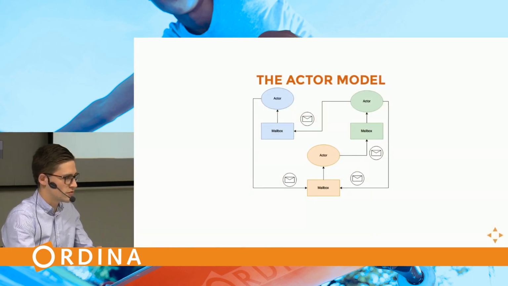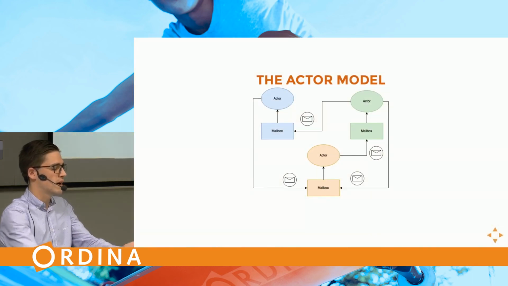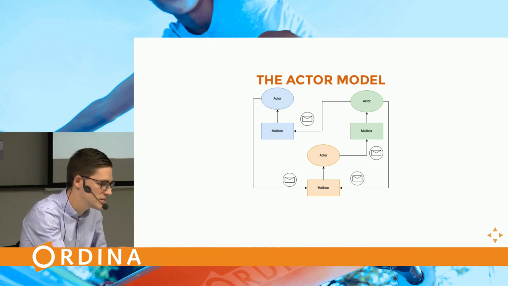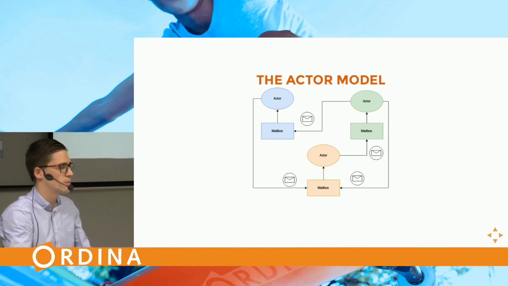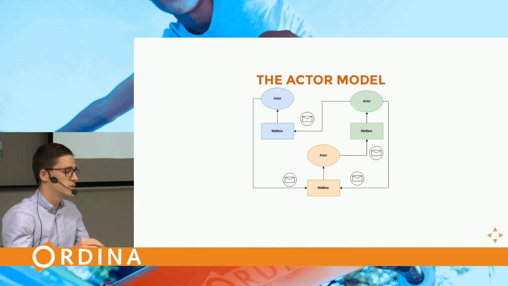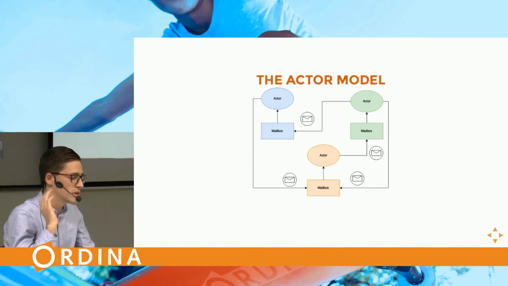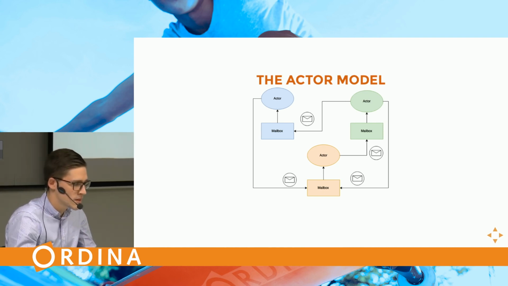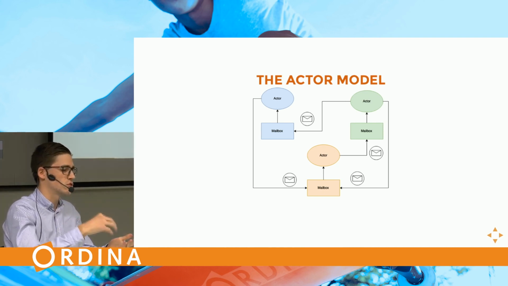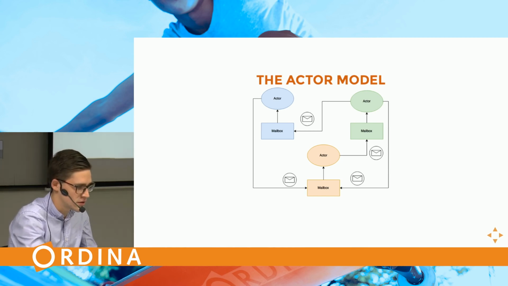So we can see right here that we have multiple actors, and each actor has its own mailbox, and the mailbox is the queue in which the actor will receive its messages. Here we have a couple of actors sending messages to one another, and all these messages get stacked up inside the mailbox right here.